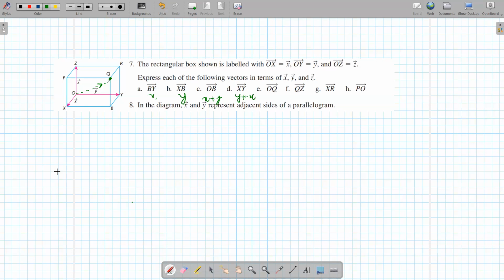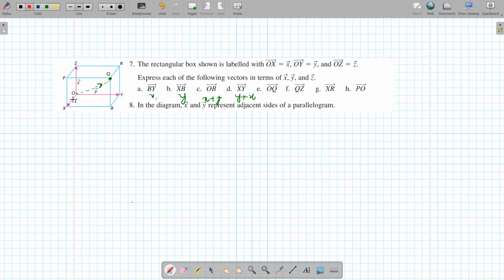What's OQ? Y plus Z. Y plus Z may not be enough. No, it's not gonna be enough. That would be OR, which is Y plus Z. OQ, so we need to get from there to here. Again, the path doesn't matter, right?